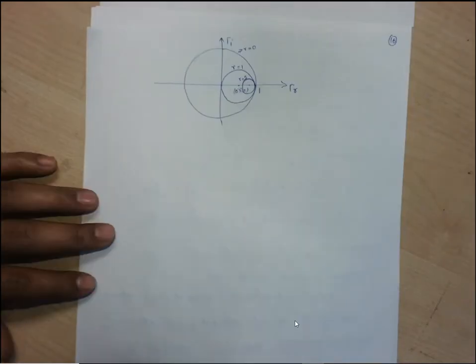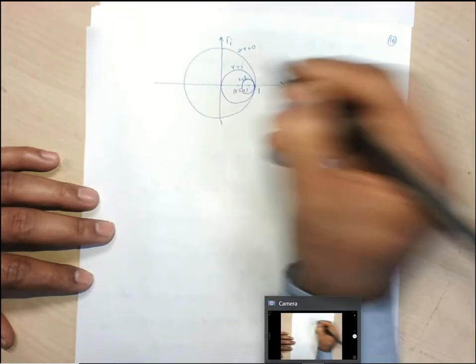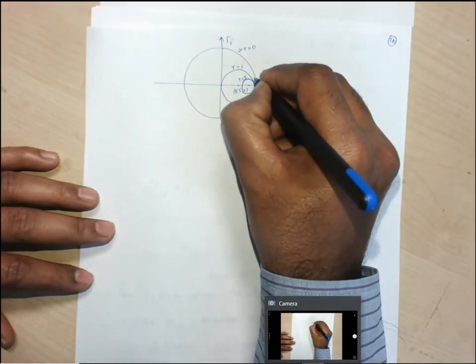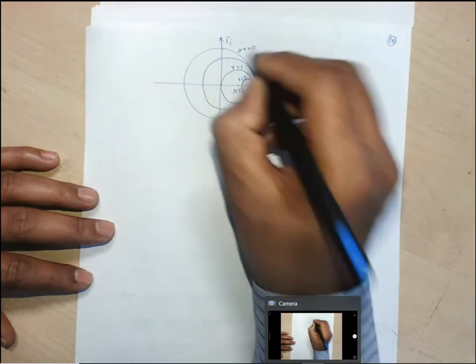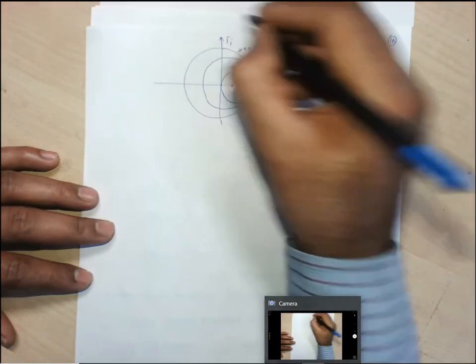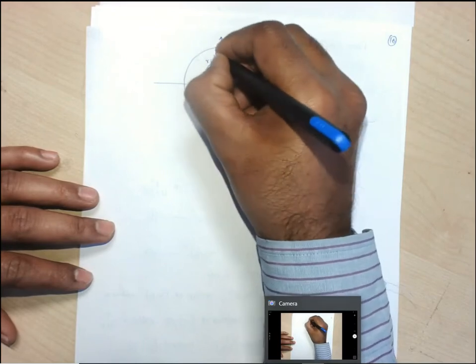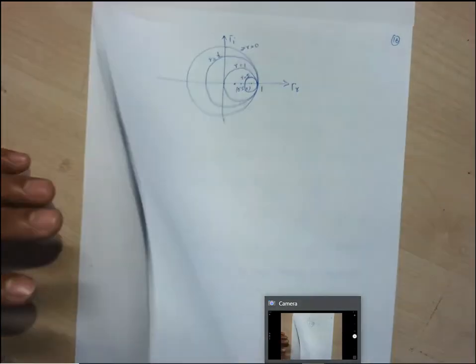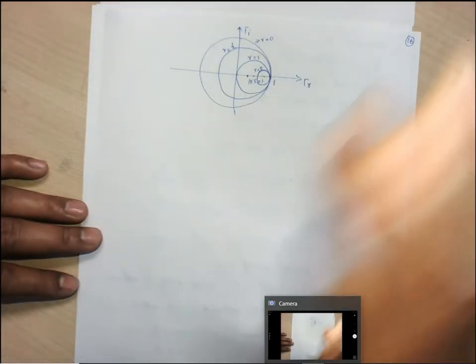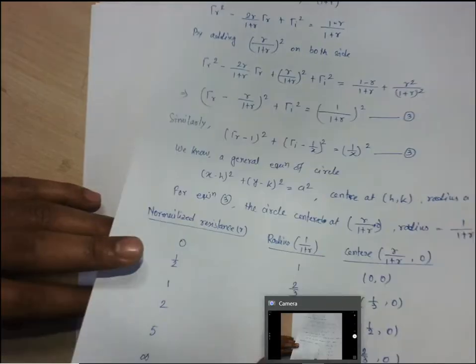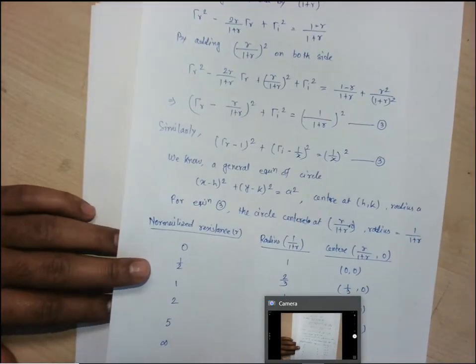And for r equals half, we can have the center here and draw a circle something like this. This is for r equals half. So what is the observation we can take from this? One important thing: if r equals infinity, the radius is 0.